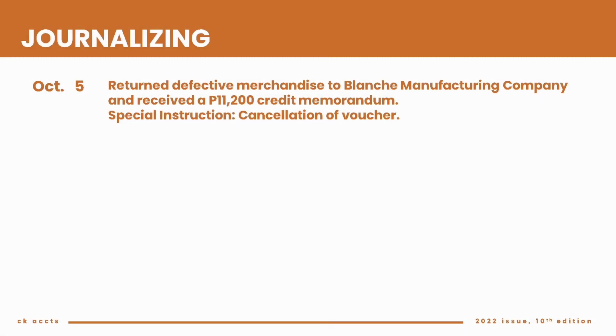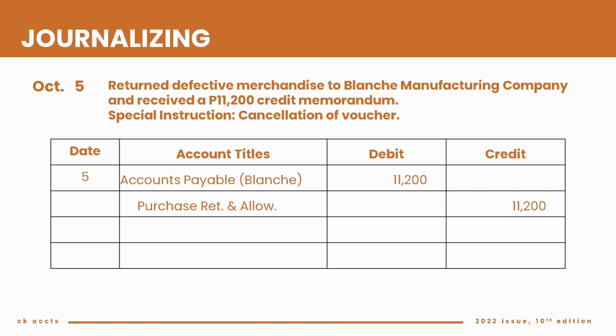So next, for the third type of transaction, we have October 5, returned defective merchandise to Blanche Manufacturing Company and received a 11,200 credit memo or credit memorandum. In our special instruction, you will see that there is a cancellation, we need to cancel the earlier voucher related to this transaction.